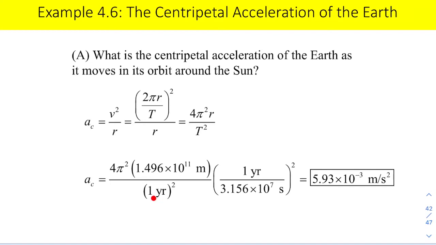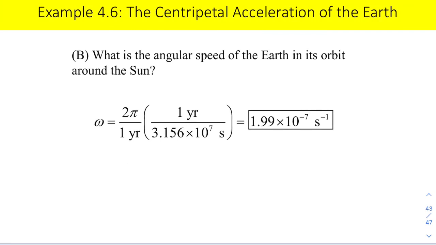Over the time taken, 1 year, as we orbit the Sun in a complete circular path within a year. So within a year, how many seconds? Convert it, and then you will get this as our centripetal acceleration. So this is what we experience when we are orbiting the Sun. Very small amount, right? That is why we don't actually notice.